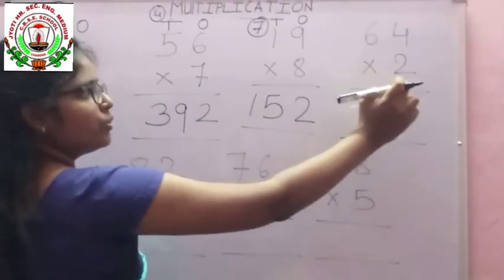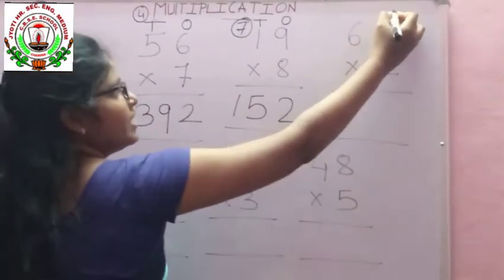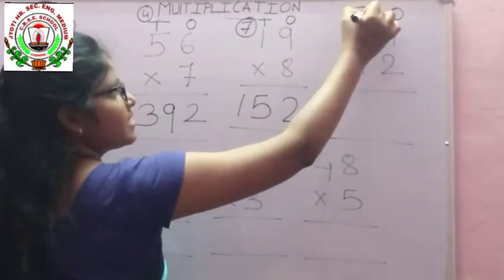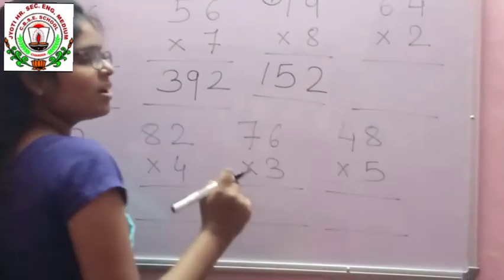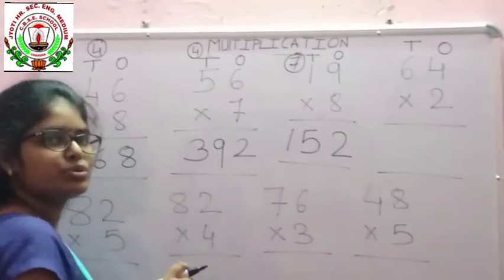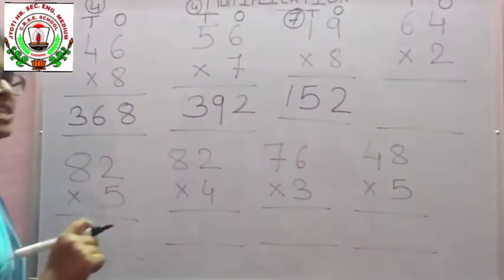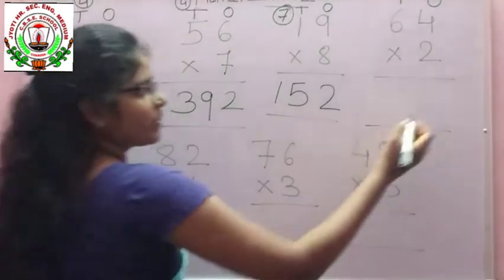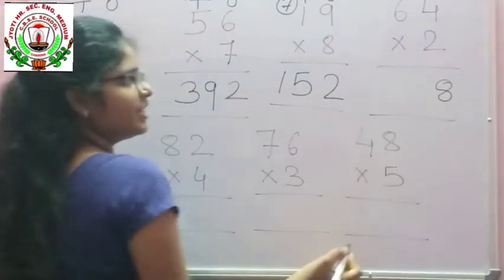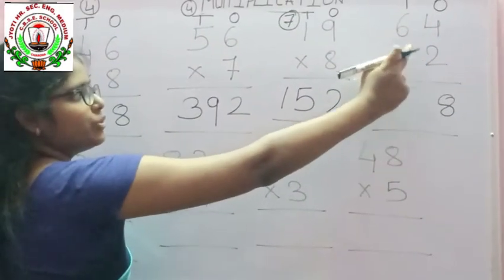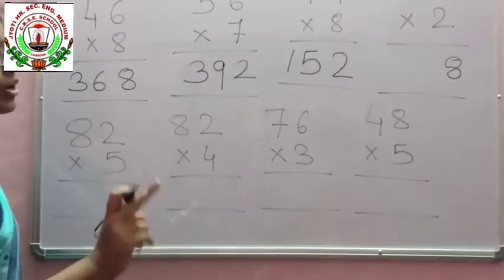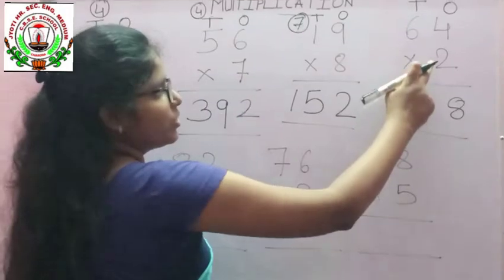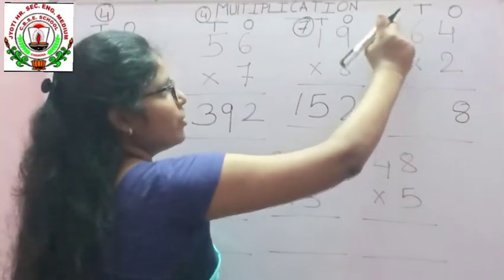64 into 2. 4 is at ones place, 6 is at tens place. So 2 fours are: 2 ones are 2, 2 twos are 4, 2 threes are 6, 2 fours are 8. We write 8 here. Then 2 sixes are. Student, one thing here, you look here, no carryover is there.